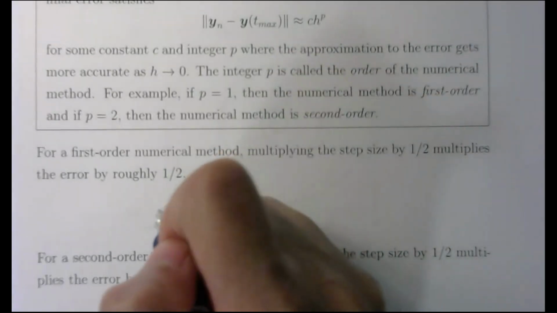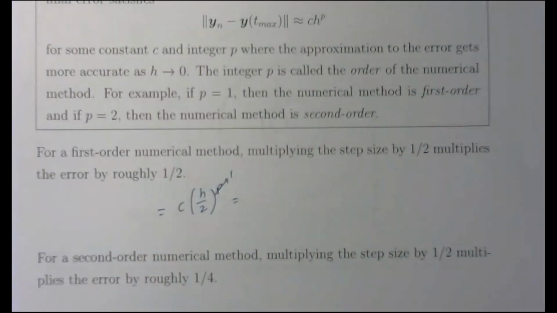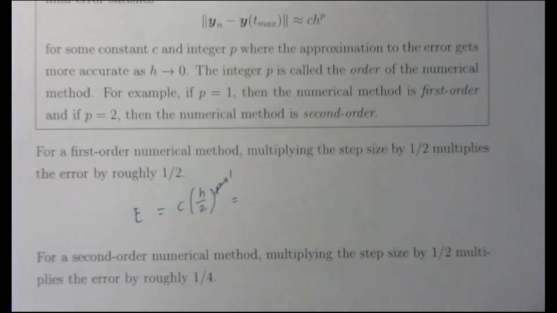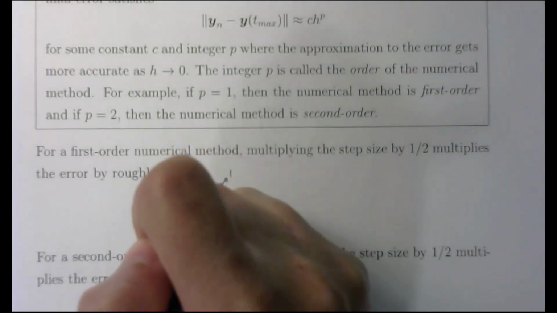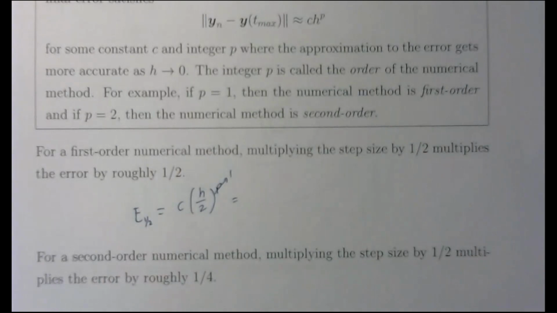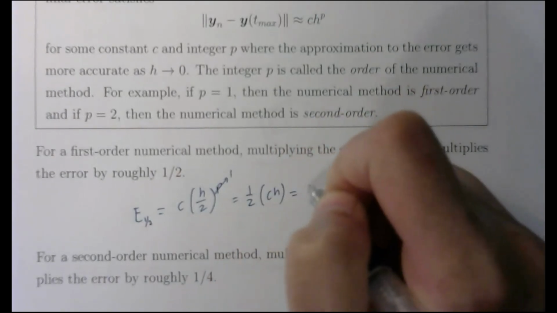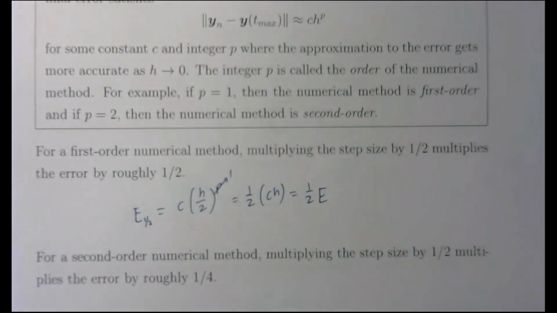Let's give the error a notation and call it the 1/2 factor error. This is actually 1/2 times c h to the p, which is my original error. So multiplying the step size by a half multiplies the error by a half.